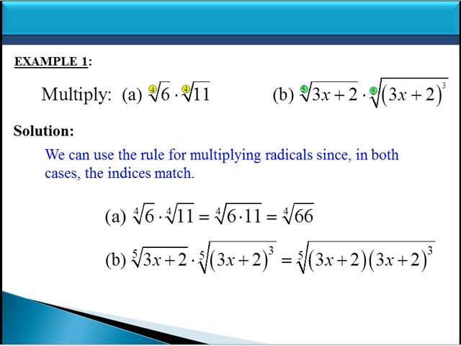So that's very important to remember. And of course we can combine these because we have this same base of 3x plus 2, and using the rules of exponents we would combine those into 3x plus 2 to the fourth power. So we end up with the fifth root of 3x plus 2 to the fourth power.